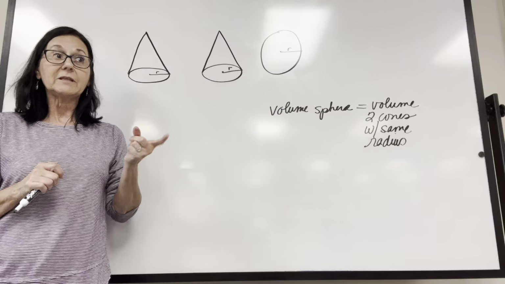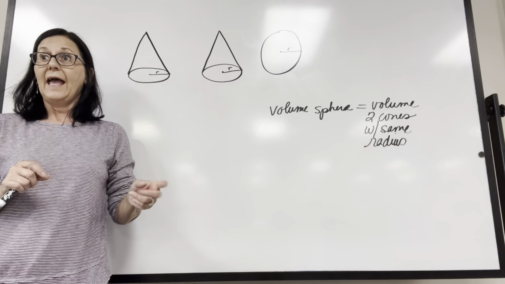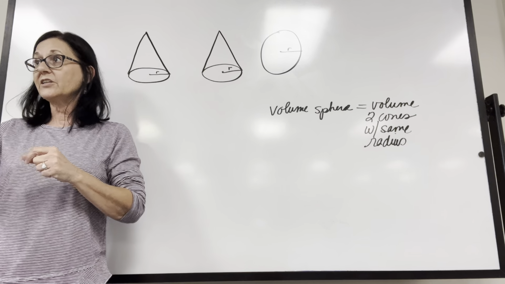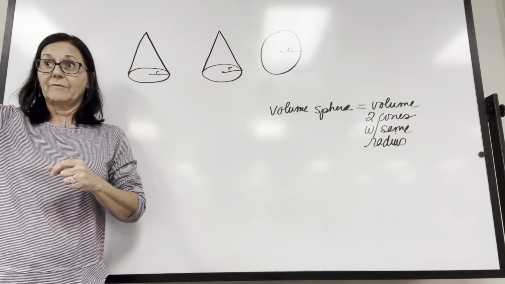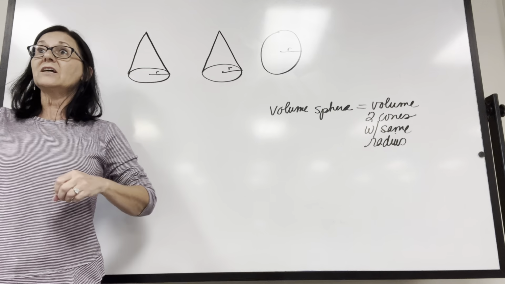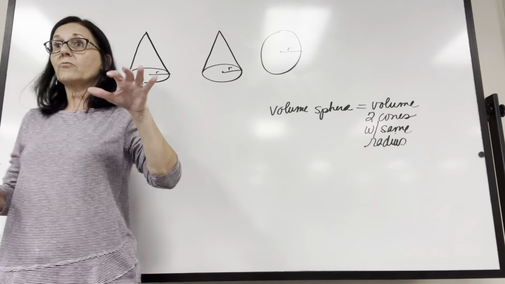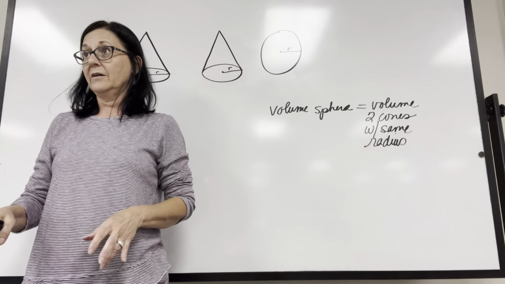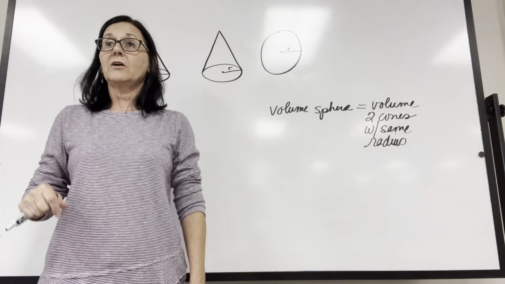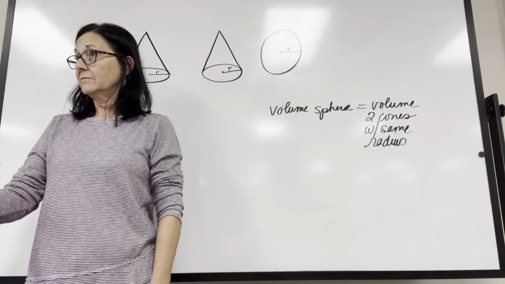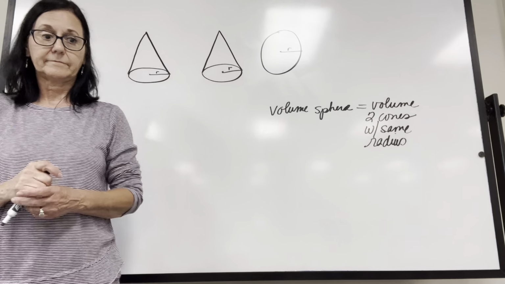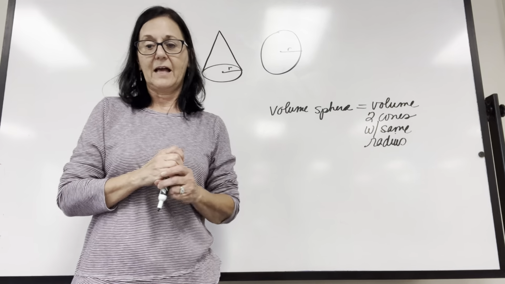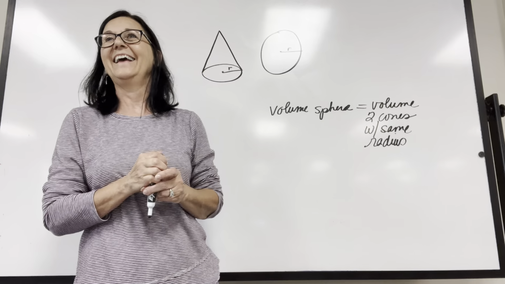That wasn't true with the pyramid or the cone and a cylinder and a cube. Three pyramids go in a cube, three cones go in a cylinder, but only two cones go in a sphere in terms of volume. In my class next year, you'll be able to see that visually.